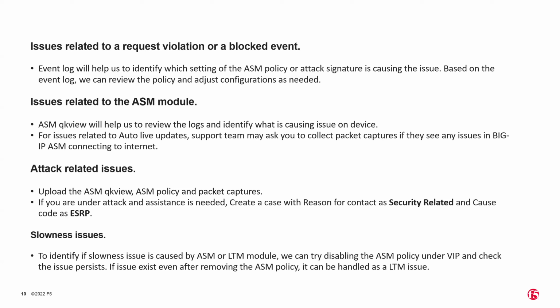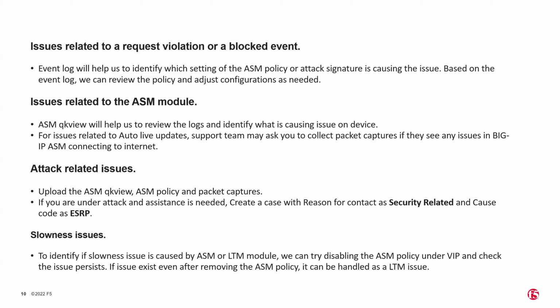For slowness issues, as I said, LTM and ASM are both there. The ASM policy we bind to a virtual server of LTM, and then we use it. So if we need to identify whether the issue is with the ASM policy or is normal behavior of the virtual server, you can try disabling the policy under the virtual server and see if the issue still occurs. If the issue is still seen even after removing the ASM policy, then we can conclude it's not an ASM issue.